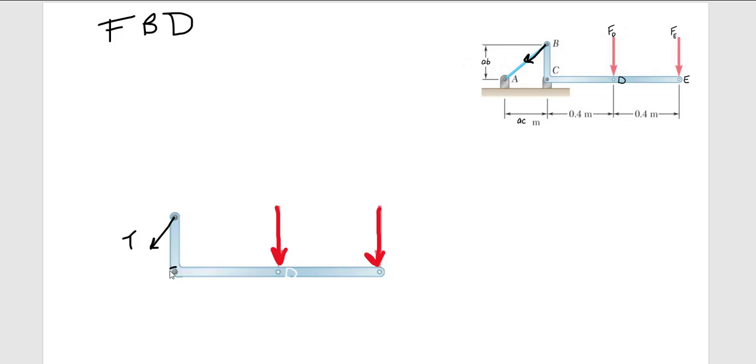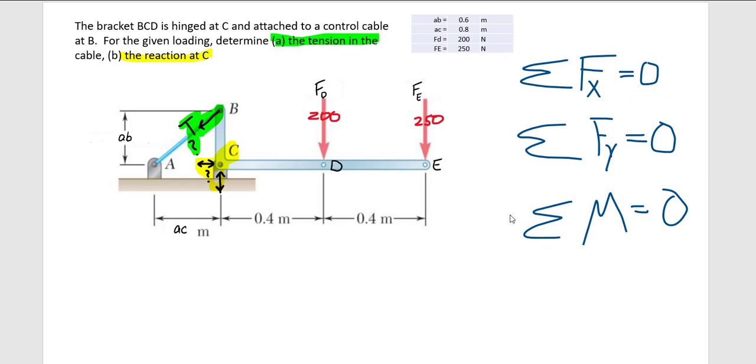For what's happening down here at the support, whatever way it cannot move in, there's a force that's keeping it from going through the floor. There's a force keeping it packed in place here. Think through the directions. Think through those equilibrium equations, right?